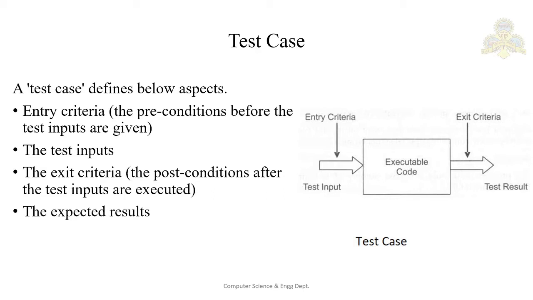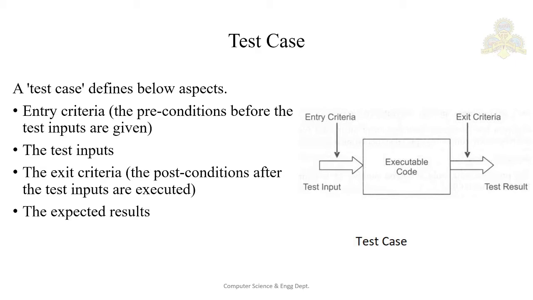So all these things are represented in this diagram. This is the executable code, or a part of code from your project. Your project is in some state before giving this test input, and that we call the entry criteria, that is the prerequisites or preconditions before your test input is given. Whenever you give test input and execute the code, you will have some result, right?